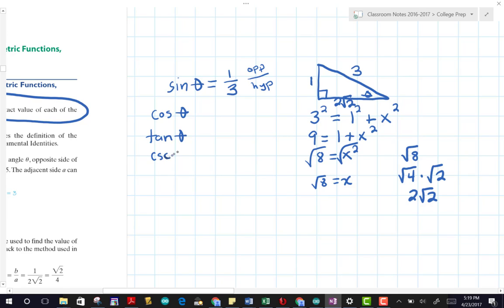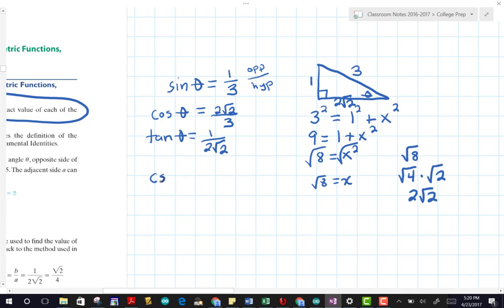Tangent is opposite, which is 1, over adjacent, which is 2 root 2. Cosecant is the reciprocal of sine, so cosecant is going to be 3 over 1, or just 3. Secant is the reciprocal of cosine, so that's going to be 3 over 2 root 2.